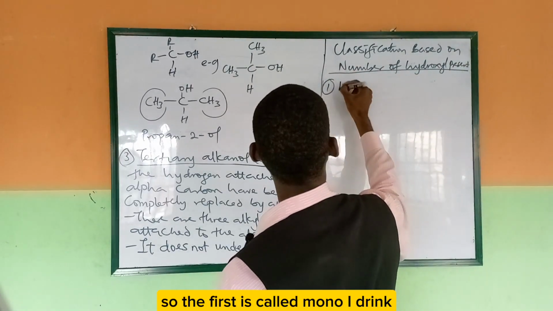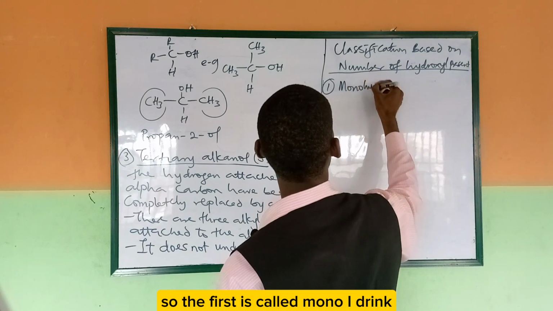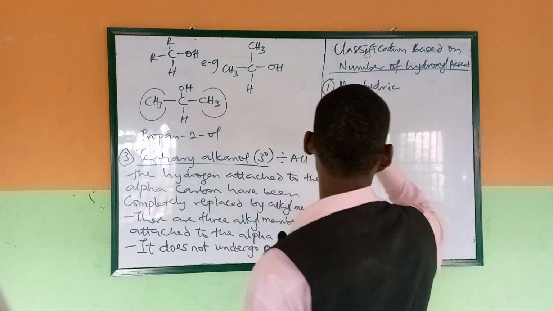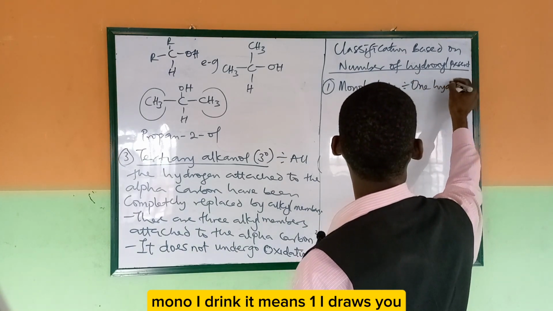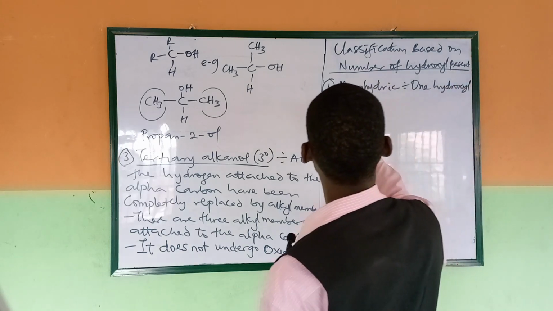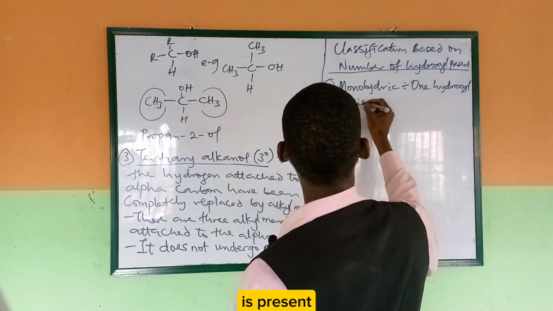So the first is called monohydric. Monohydric means one hydroxyl group is present.